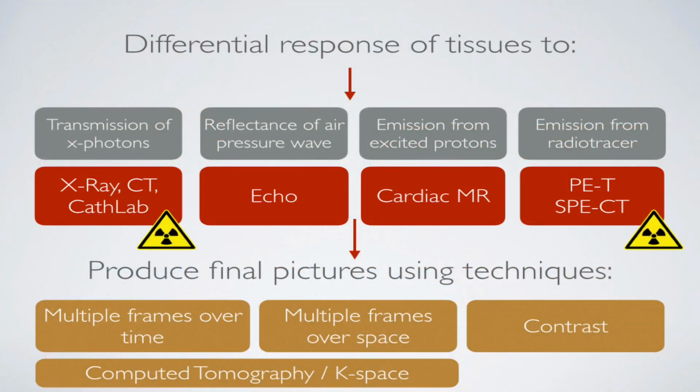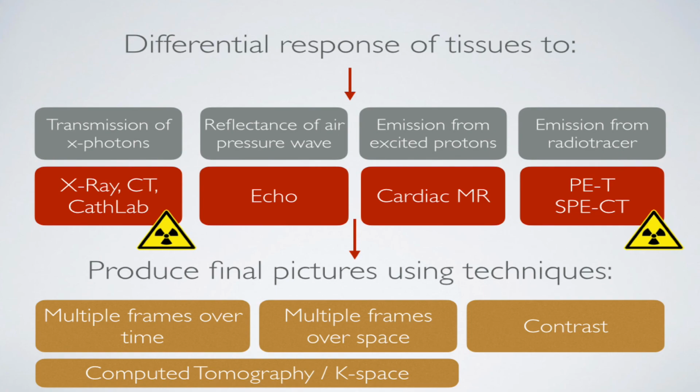The transmission of X-ray photons, and that gives us X-ray, CT, and the cath lab. The differential response of tissues to reflecting air pressure waves gives us echocardiography. The differential response of tissues to excited protons and how quickly they relax, resonating protons, gives us cardiac MRI.